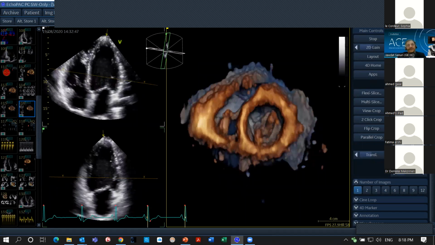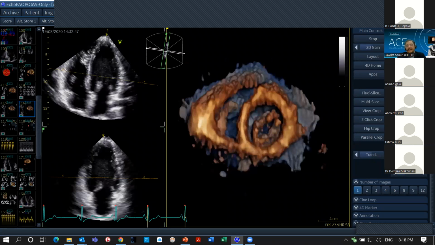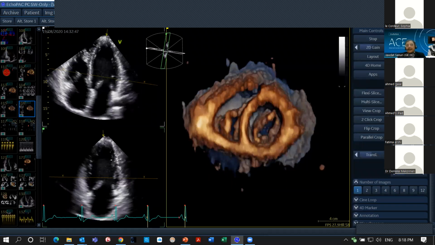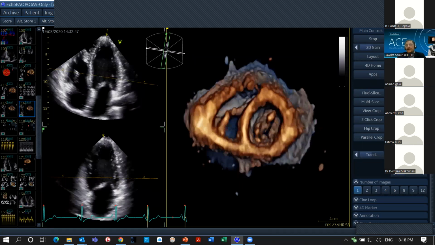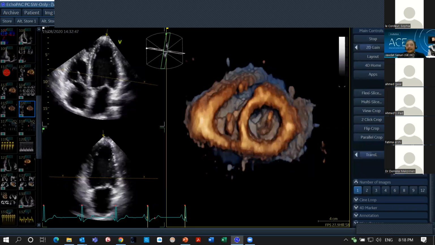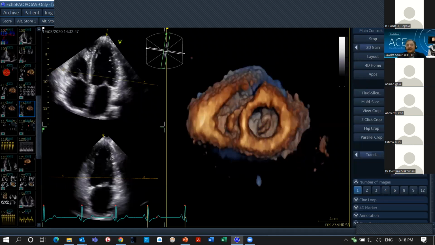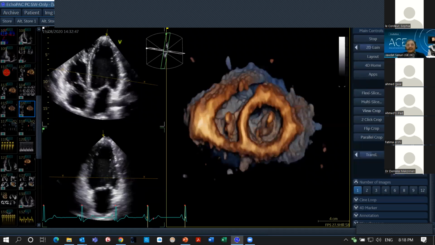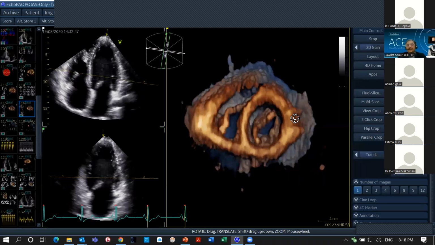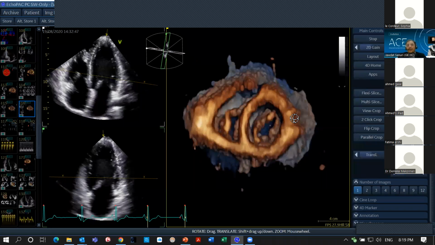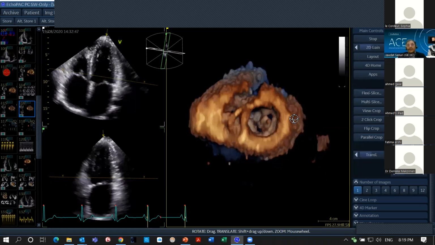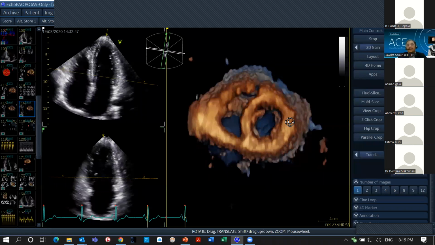So yes, the measurements on DICOM are validated, and the important thing is not to lose the image quality from the machine to the PACS, which is rarely the case. In most cases, the images coming from raw data from the Vivids are optimal also on any PACS, quote unquote, DICOM network. So the DICOM images are okay, and they are validated.